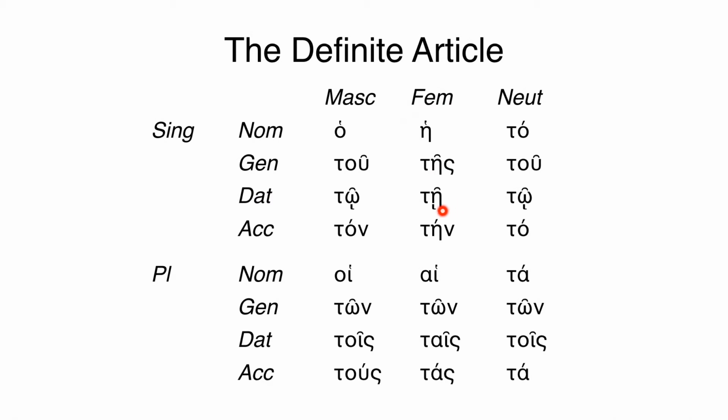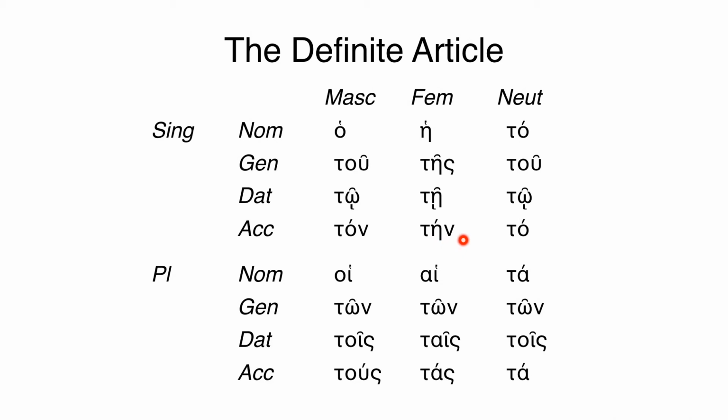Notice the iota subscript in the dative form. We also noticed an iota subscript in the masculine dative form. The iota subscript, you will see, is a standard way of indicating the dative case. So take note of that. That is a very common feature. The feminine accusative article, singular, is ten or tin.